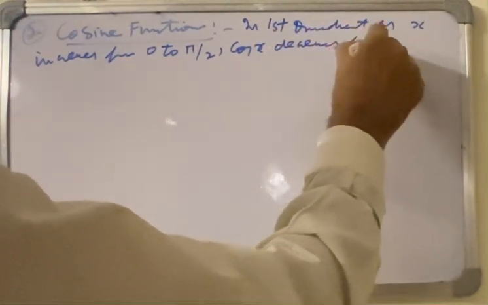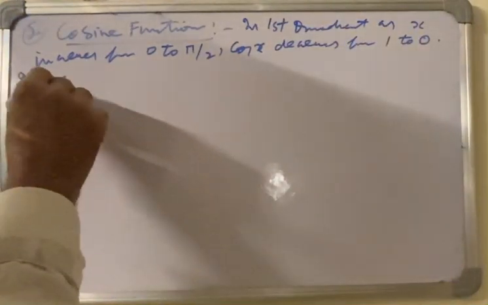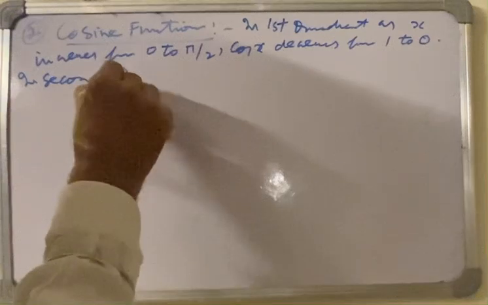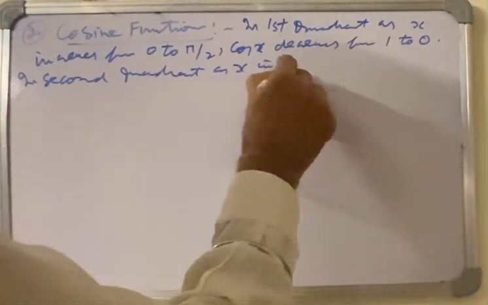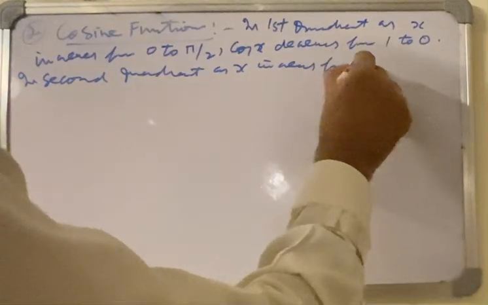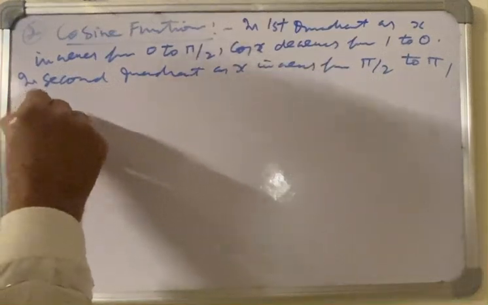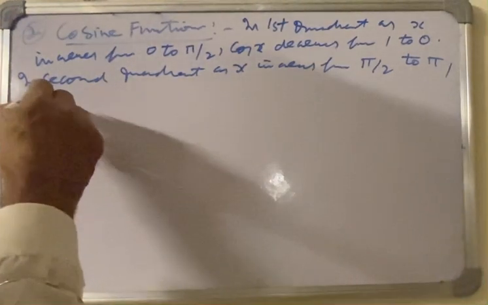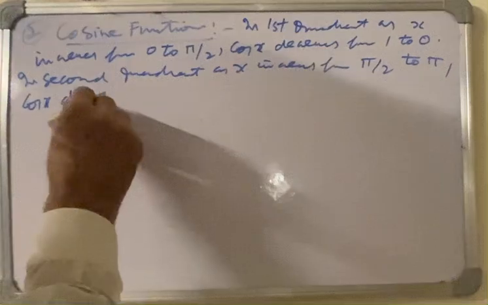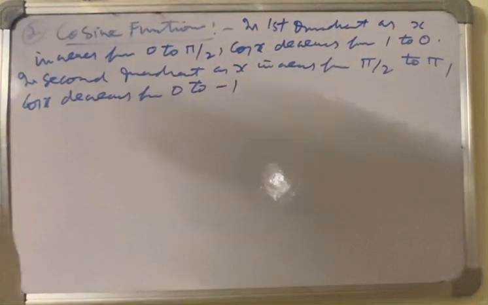In the second quadrant, as x increases from pi by 2 to pi, then cos x decreases from 0 to minus 1.